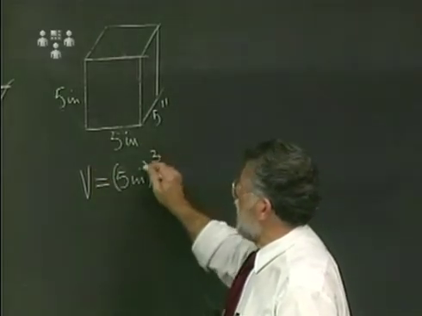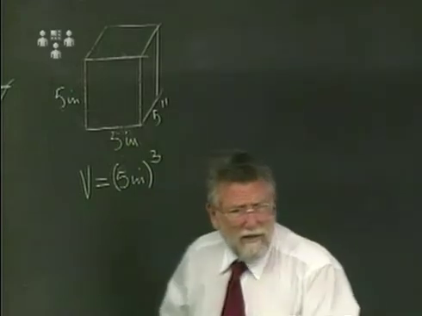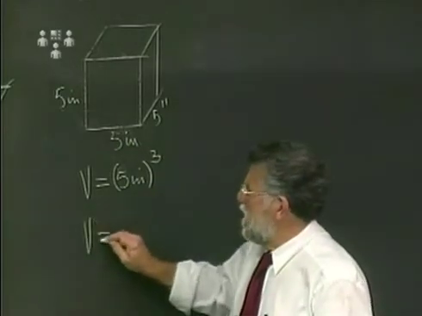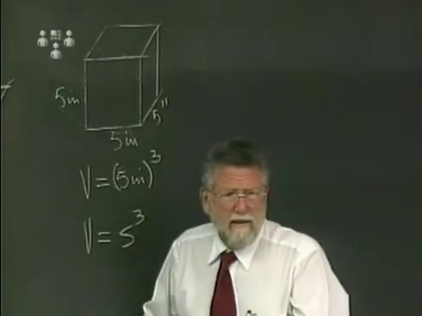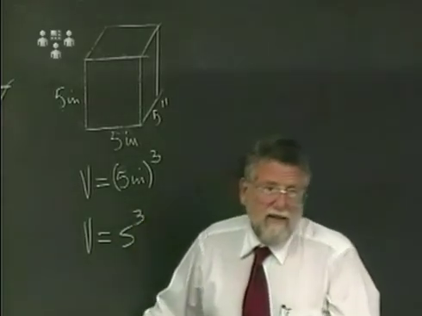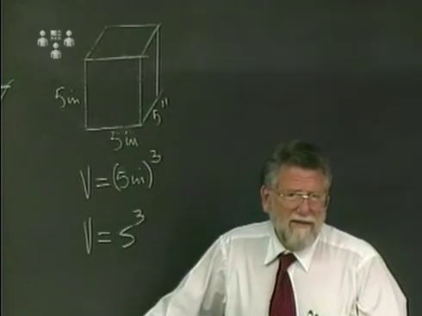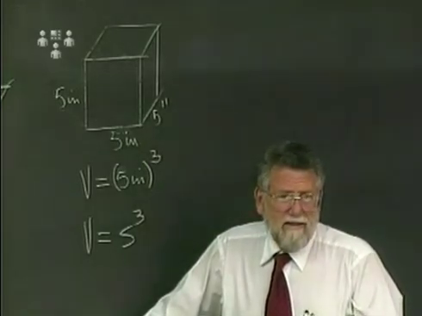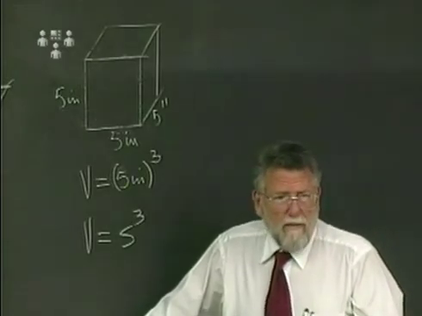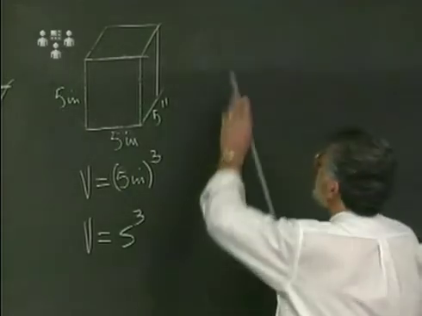Because what is your formula for the volume of a cube? The volume of a cube is s to the 3rd power, correct? Base times height times width, s times s times s, 5 times 5 times 5. I don't think cubes are bad, but I like this problem still.